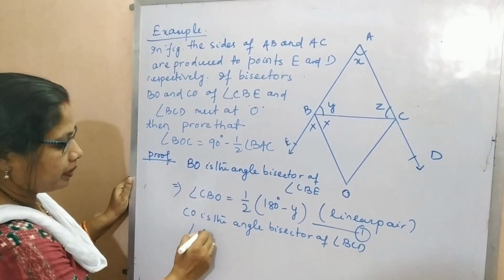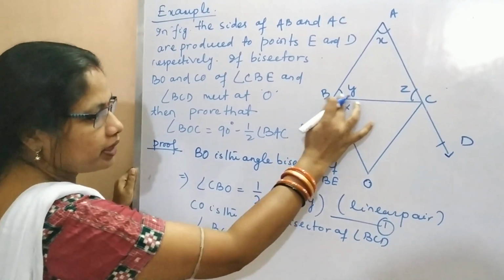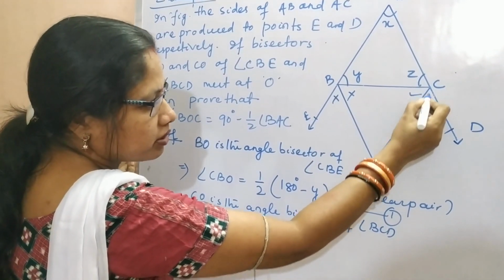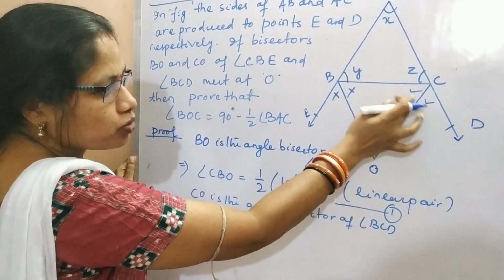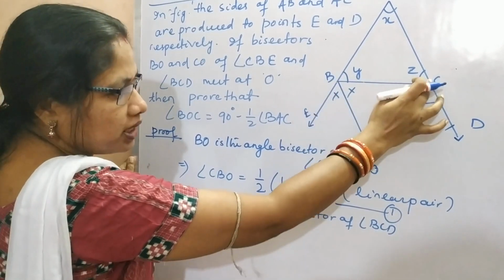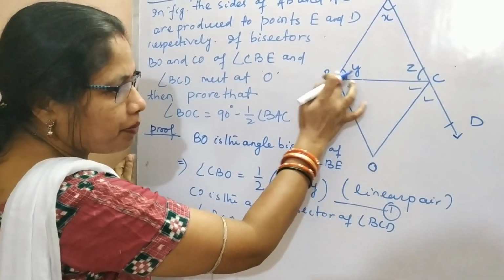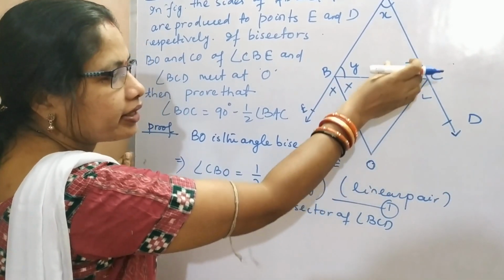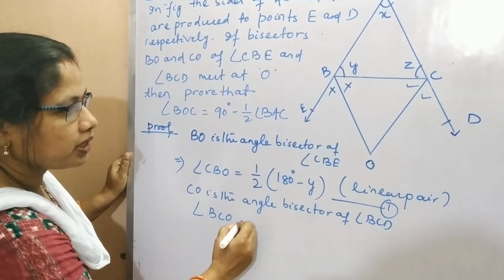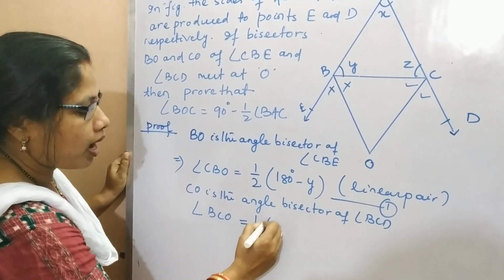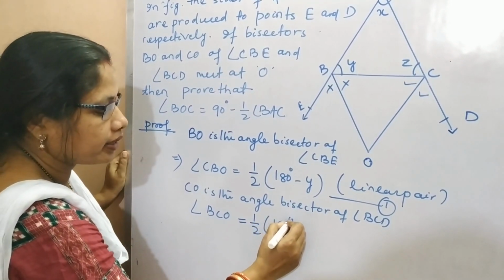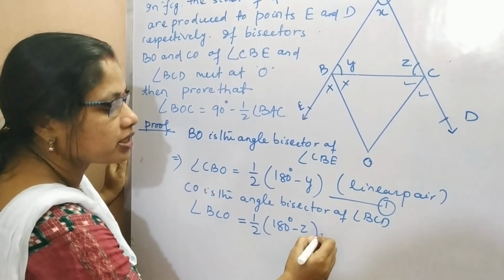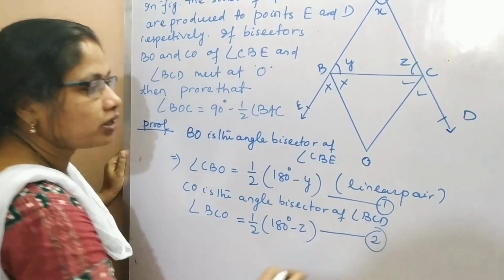So angle BCO, this is the angle bisector, CO is the angle bisector, so these two angles are equal. So angle BCO is half of BCD, and angle BCD is 180 degrees minus Z. So angle BCO is equal to half into 180 degrees minus Z. So this is our equation 2.